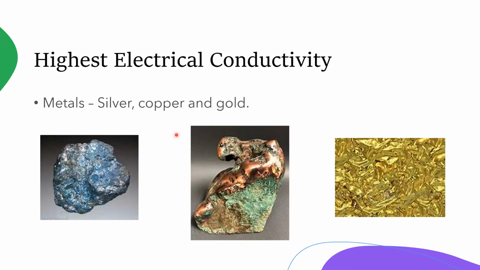Okay, so highest electrical conductivity. We have three: first one is your silver, your copper, and then your gold. So what can they do? They can conduct electricity, meaning they can let the current flow, meaning their structure is very good for the electron to go through.